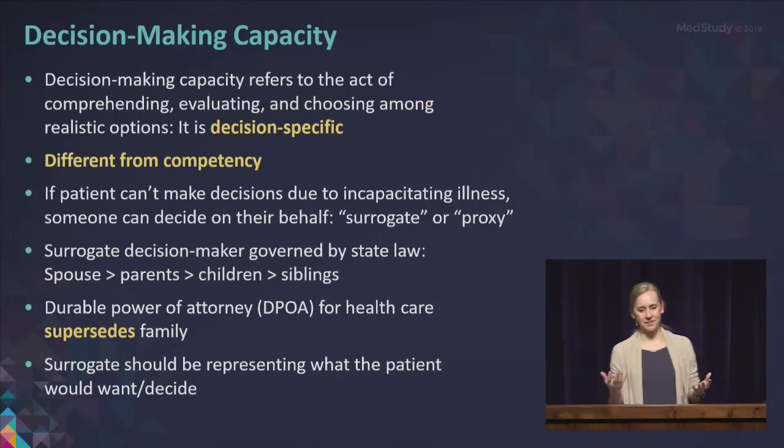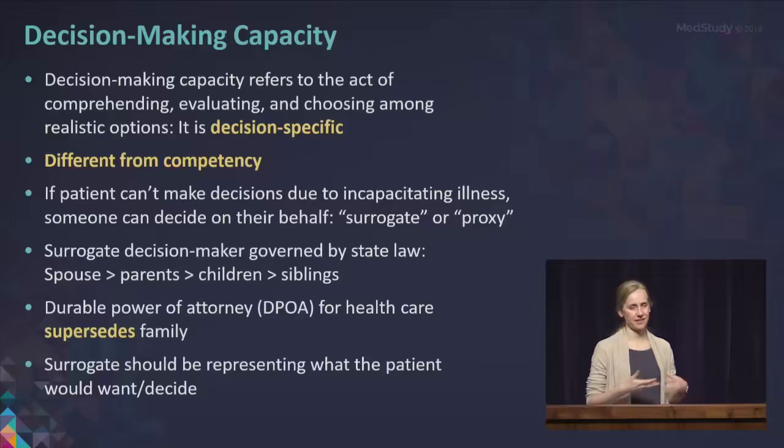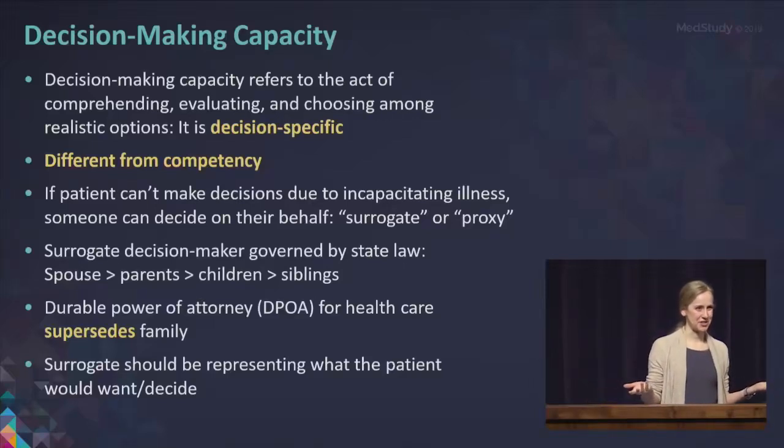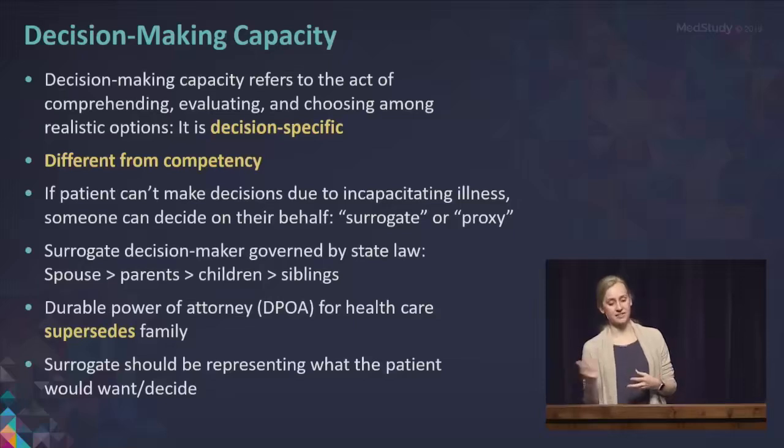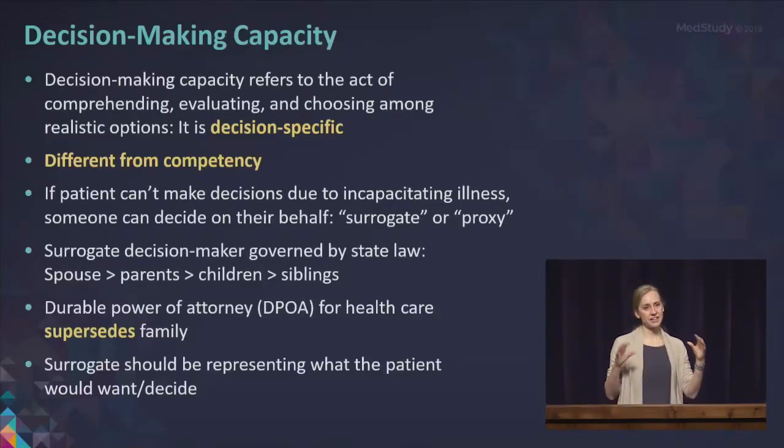It's different than competency, right? So I can have competency to examine someone's heart, but I might not have capacity to make a choice for myself if I have encephalitis and am refusing a lumbar puncture, right? And similarly, if a patient can't make that decision due to an incapacitating illness, then we pick a surrogate or a proxy to make the decision. And if the patient hasn't specified who they want, then it's specified by state law.